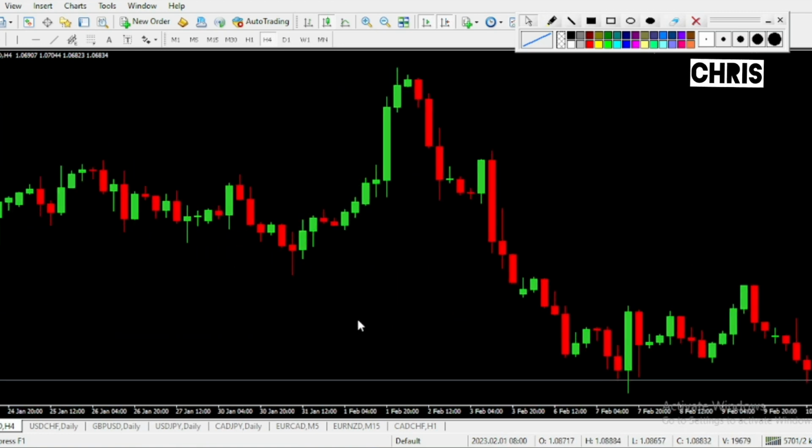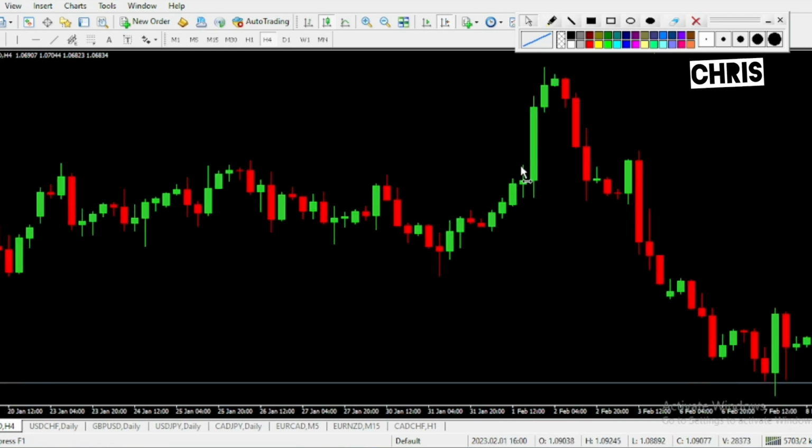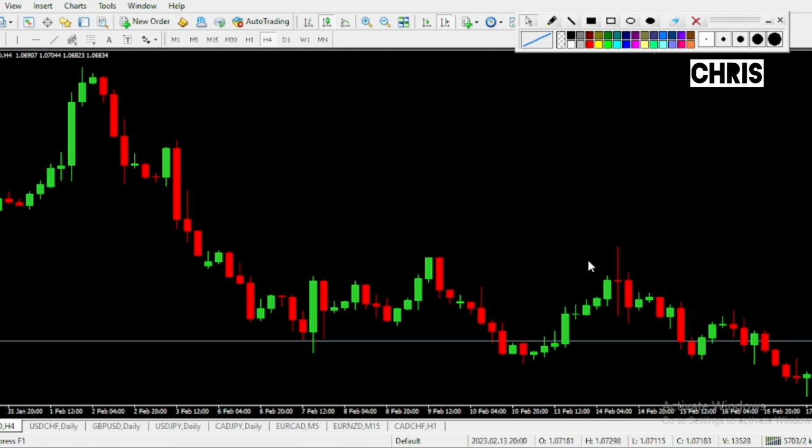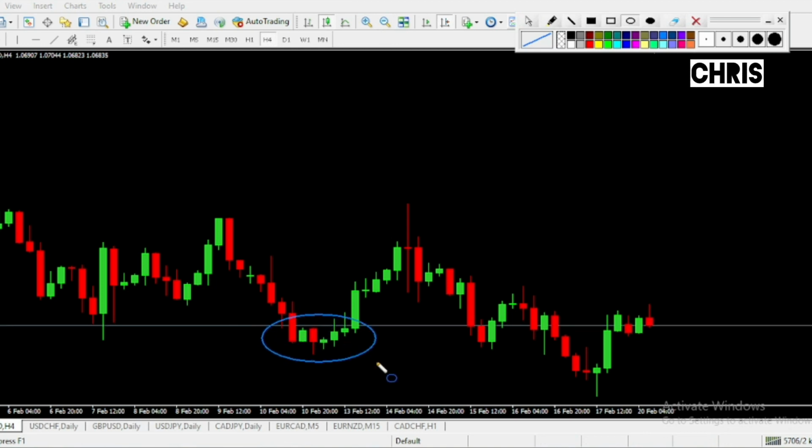I want us to use the demand and supply, here, what we are having. So check the zones that I am marking.